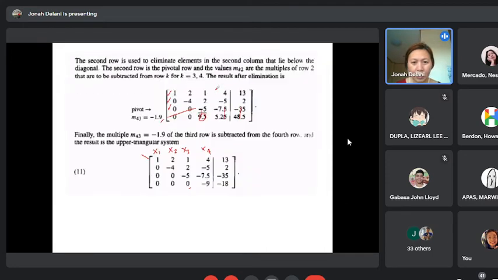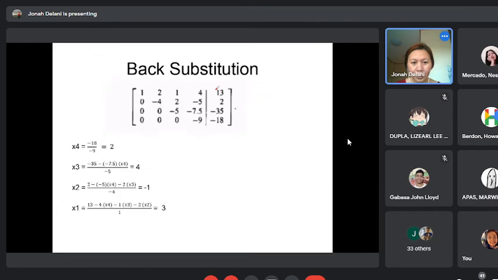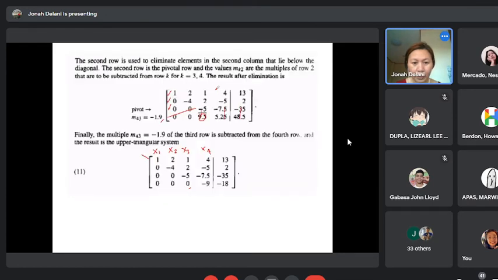So we now have the equivalent upper triangular matrix. If this is x1, x2, x3, x4, and we look at the last row, this corresponds to x4, so this becomes negative 9 x4 equals negative 18.